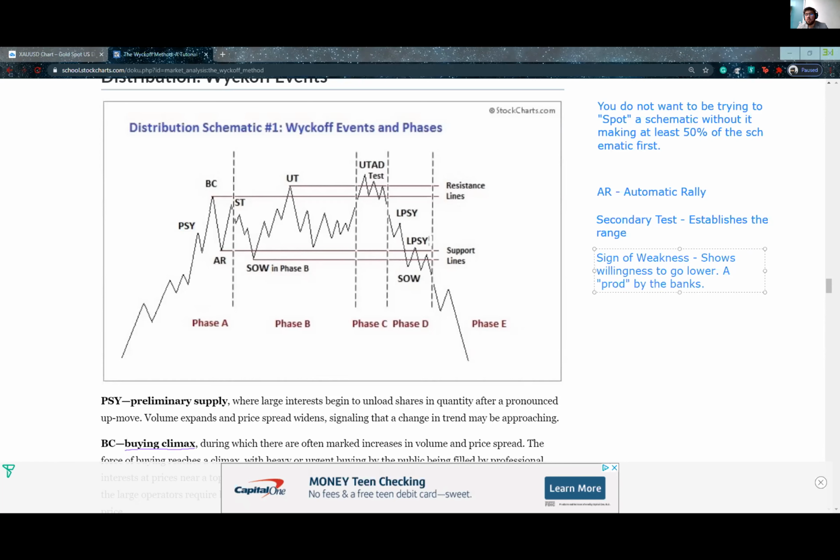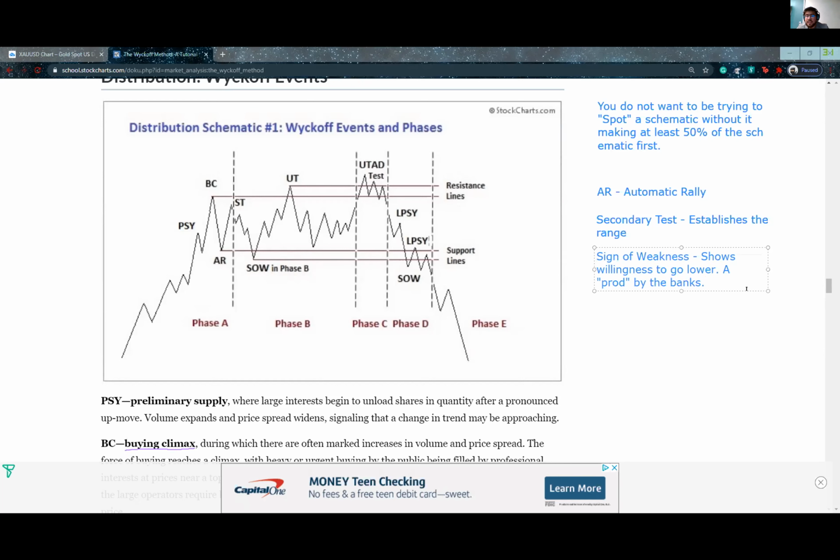Okay. So the sign of weakness, let me explain it a little bit more thoroughly here. The sign of weakness is a willingness from the banks to actually go lower. What do I mean by it's a prod by the banks? Basically, the AR, like I said before, is supposed to be the floor of the range, right? Now, the SOW is that fake breakout, right?